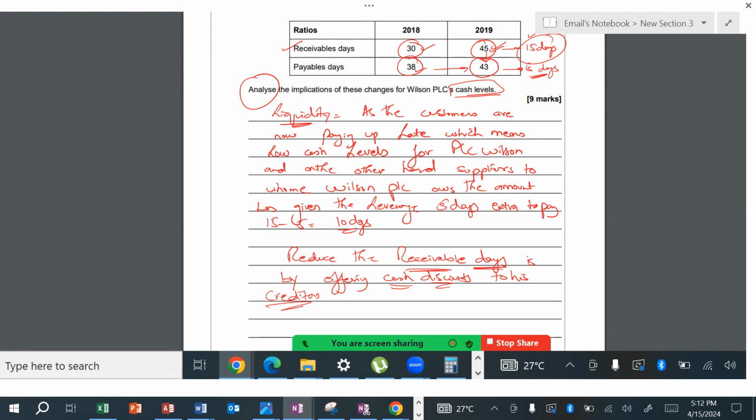To reduce these receivable days, he has to give them some sort of an offer so that when the payment time comes, he already has cash with him. Even if he has to give away the cash discount, he needs cash to pay off all these expenses so that his liquidity position keeps intact.